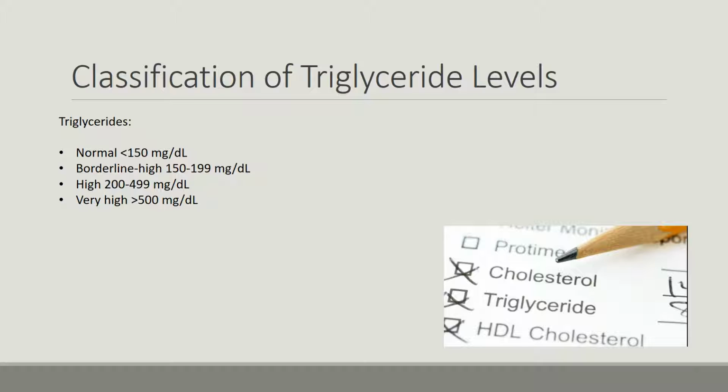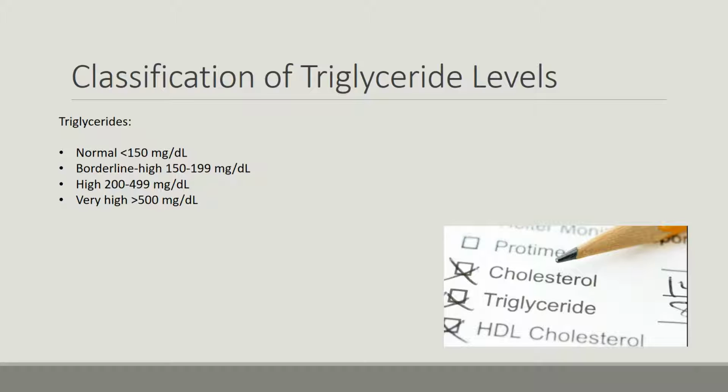Classification of triglyceride levels. There's a little bit of a debate in the medical community on the 4 classifications, whether it should really be 3 classifications, but a normal triglyceride serum level is going to be less than 150 milligrams per deciliter. Borderline is going to be 150 to 199 milligrams per deciliter.